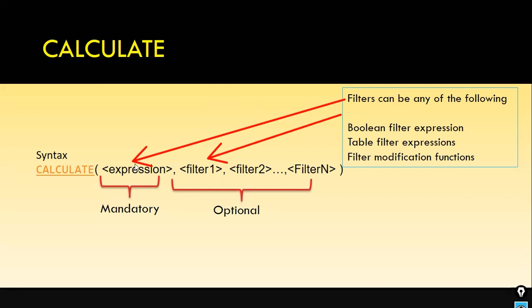Or you can find out the total number of transactions in your order table, using the count function, or the sum function. You are using it here. That is your expression, and this is mandatory. The filters are optional. You can use a Boolean filter, or a table filter expression, or filter modification functions.